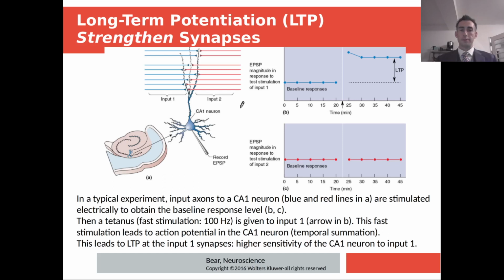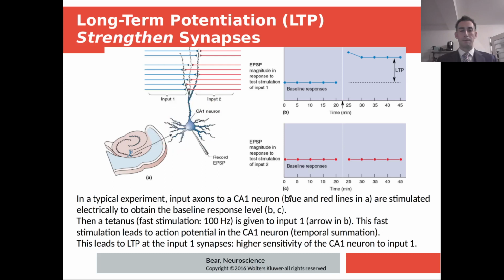So basically, long-term potentiation strengthens synapses, and you can elicit long-term potentiation by, for example, stimulating the input axons to a CA1 neuron, the blue and red lines in A. So these are the input connections to this neuron. We're going to strengthen these connections, these synapses.